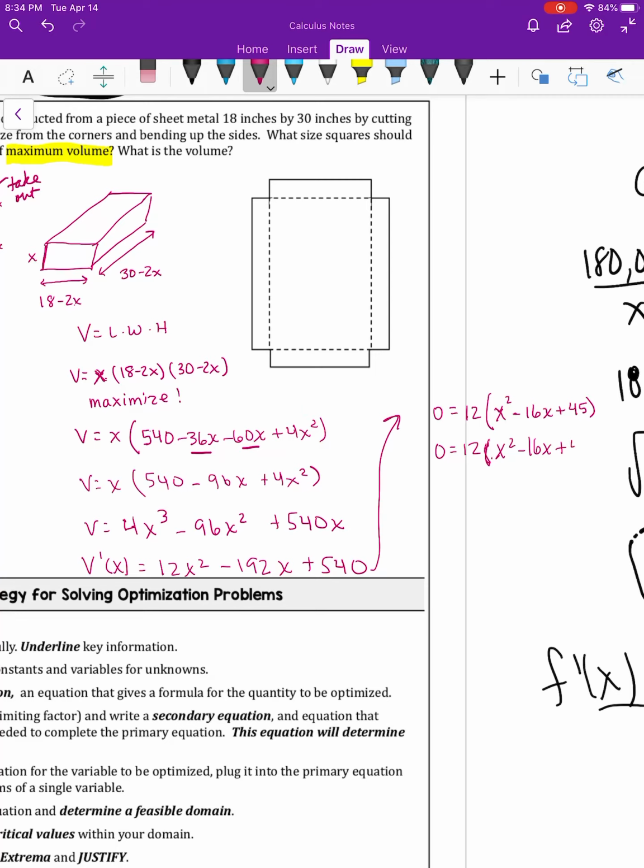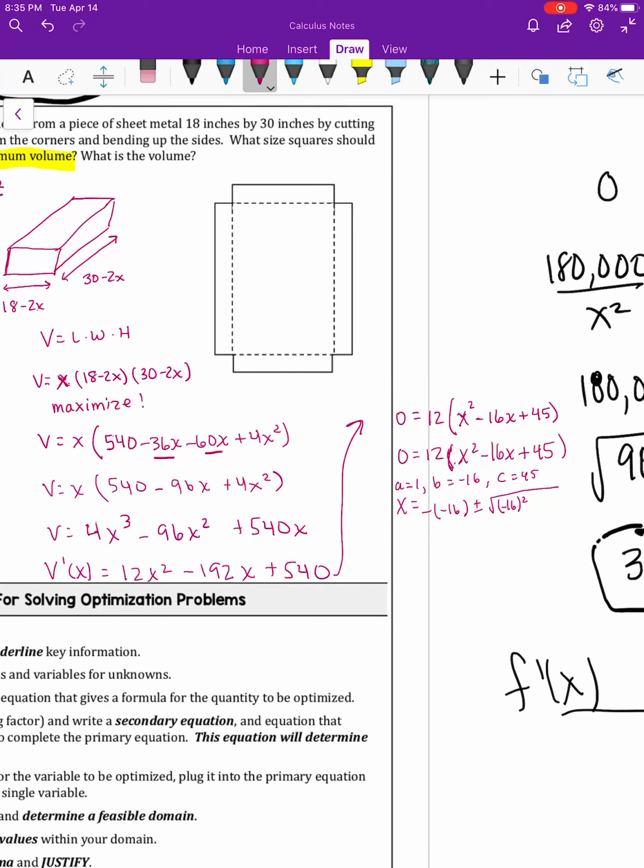You could also use completing the square if you wanted to, where you leave a space and end up putting it in vertex form. But let's go ahead and use the quadratic formula. My a is 1, my b is negative 16, and my c is 45.